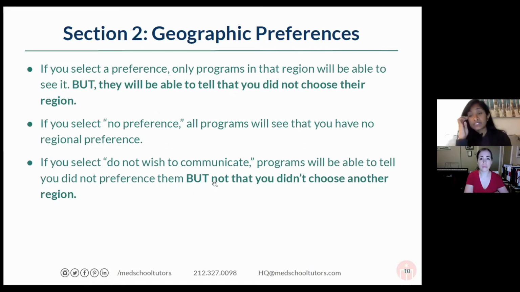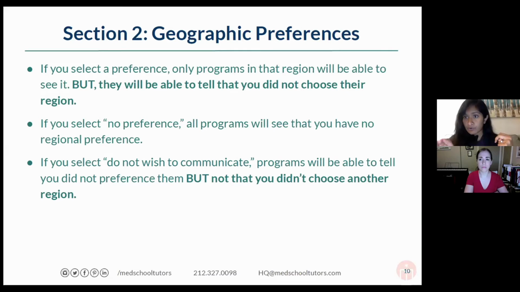So what's the other side of this? What do the programs actually see once you send that in? The first is, if you select a preference, for example, if you say Northeast as one of your preferences, the programs in the Northeast will be able to see that this applicant said they would like to be in the Northeast.